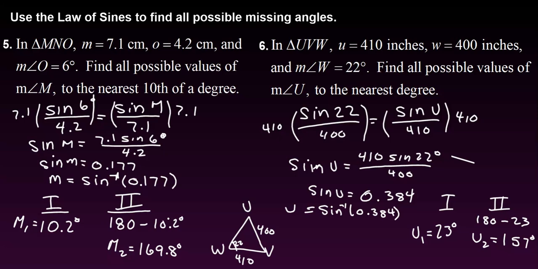We're going to do sine inverse of 0.384, making sure our calculators are in degrees. We should get 23, maybe something. It rounds to 23 because it says round to the nearest degree. Since it's sine, we take 180 minus 23 and we get 157. And so those are two answers.